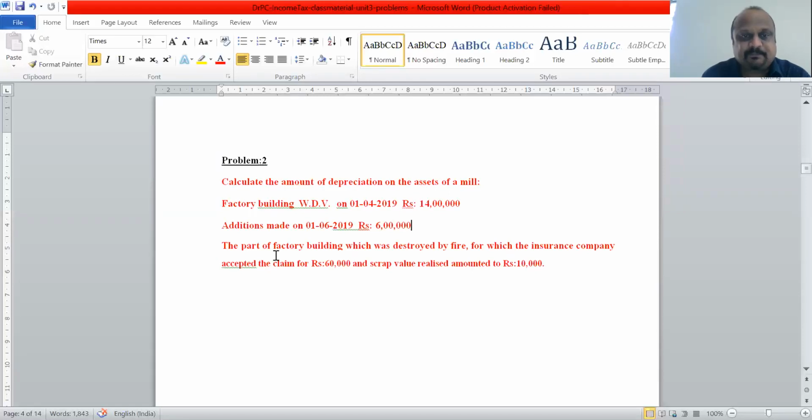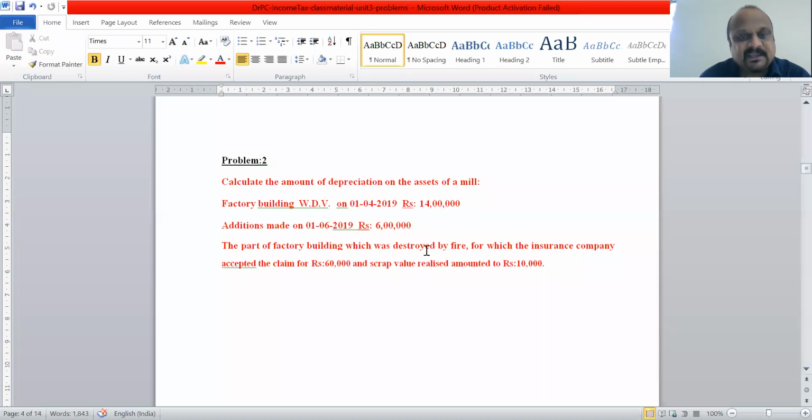The next thing is the part of the factory building which was destroyed by fire, for which the insurance company accepted the claim for 60,000, and scrap value realized amounted to rupees 10,000. In this problem, they are mentioning that a part of the block of the asset caught fire and was destroyed. That was claimed from the insurance company, which gave rupees 60,000.